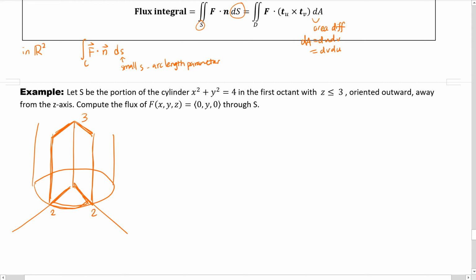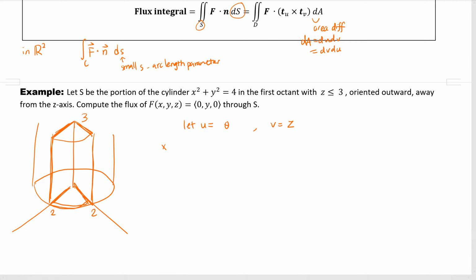Next, compute the flux. First we need to find a parameterization for this surface. Because we have a cylinder, we use cylindrical coordinates, r cosine theta. So let u be theta, and let v be z.